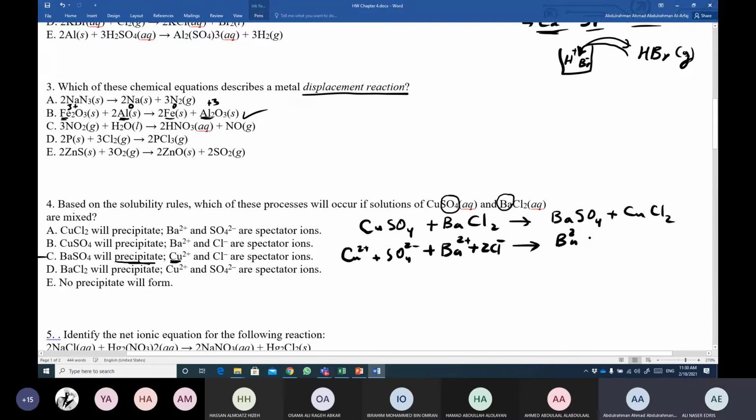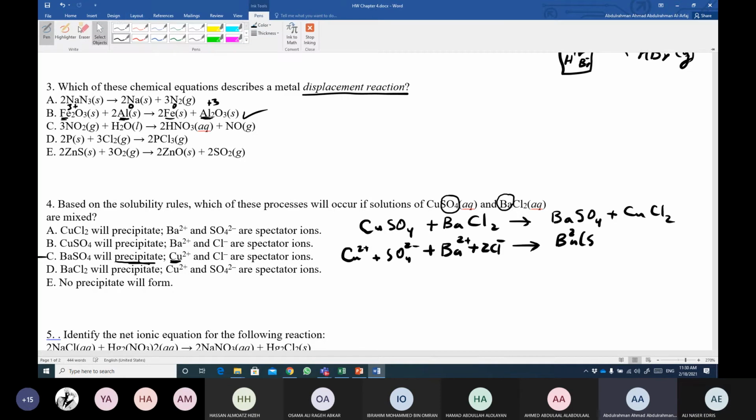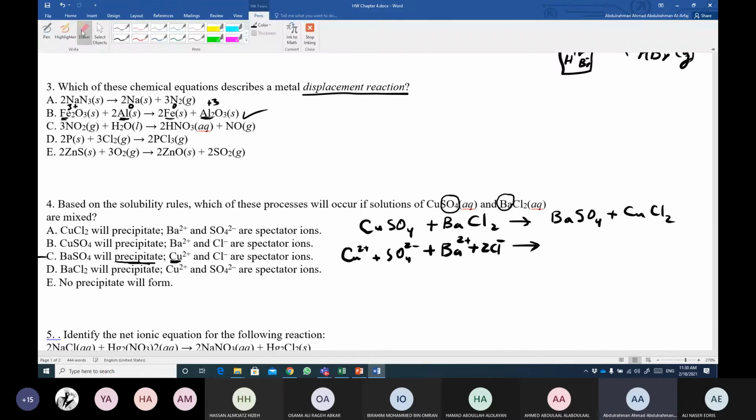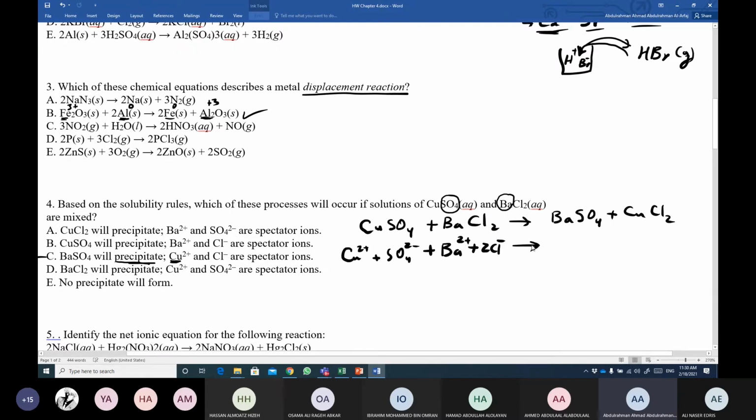BaSO4 solid. Okay, this is what will happen now. BaSO4 solid plus Cu2+ plus 2Cl-.